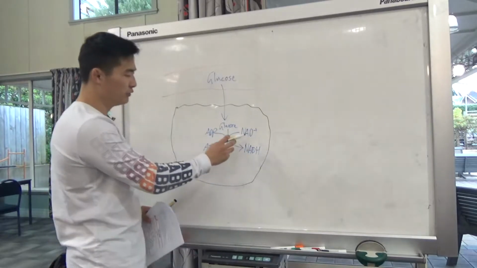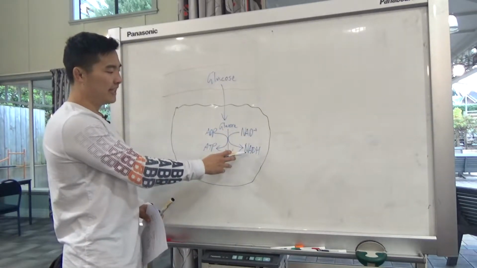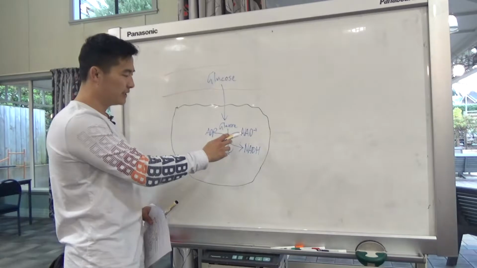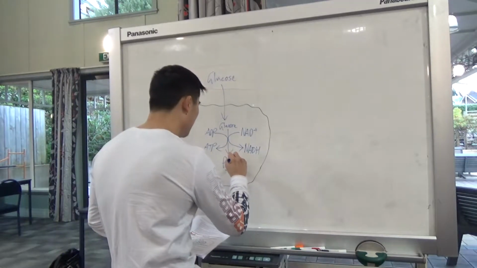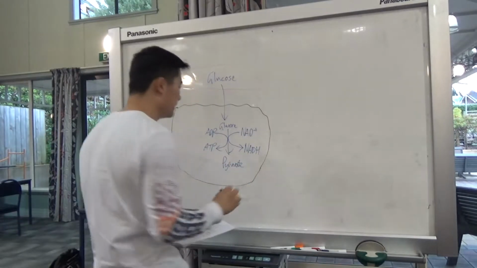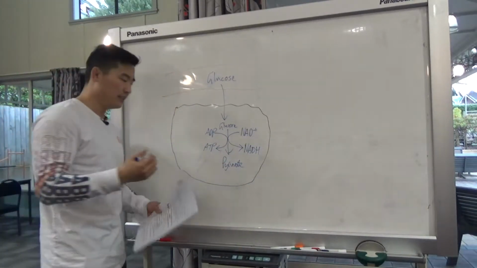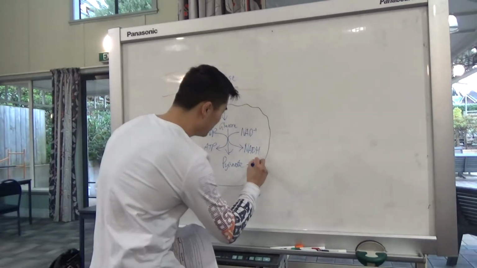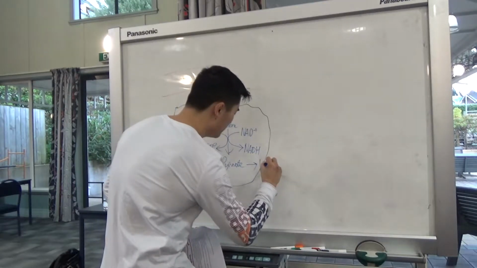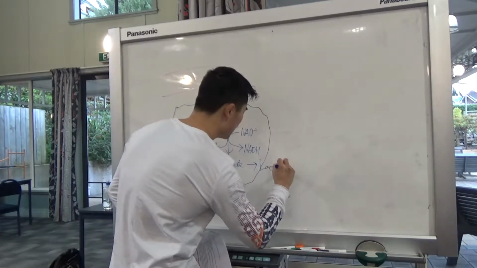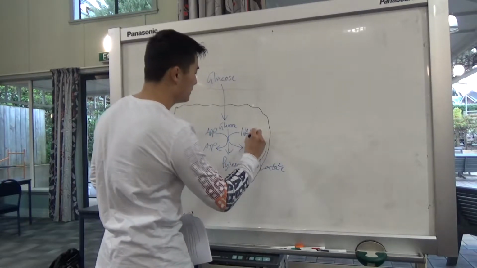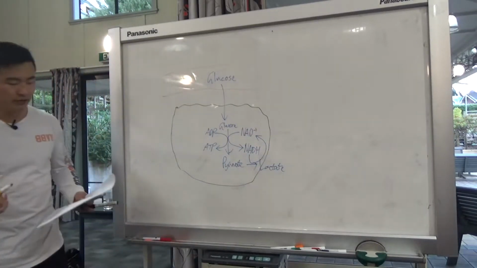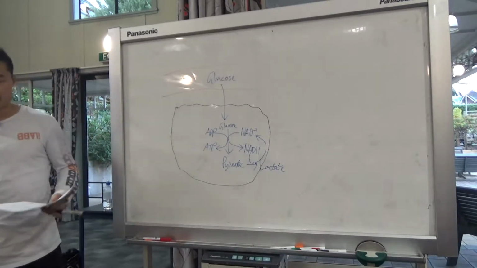So we have to turn NADH back into NAD+. So at the end of glycolysis, you end up with pyruvate, and that's going to be turned into lactate, and that process there will enable you to regenerate NAD+.